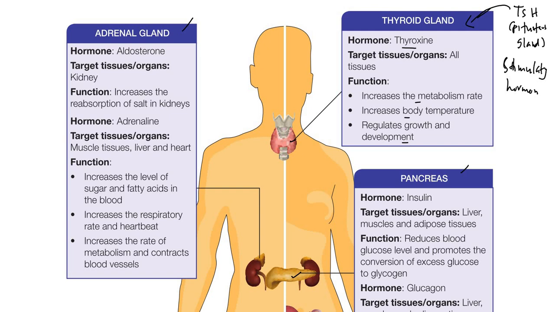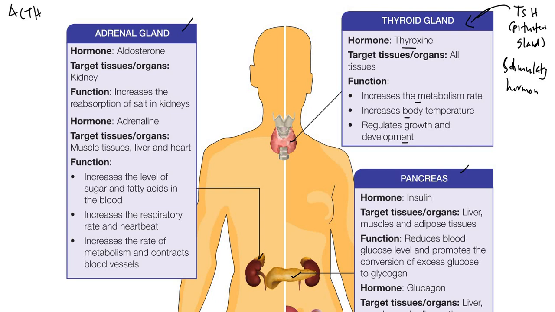Okay, so next we have the adrenal glands. The adrenal glands are located at the kidney here. The adrenal glands also, before they can secrete the hormone, must be stimulated by the ACTH.